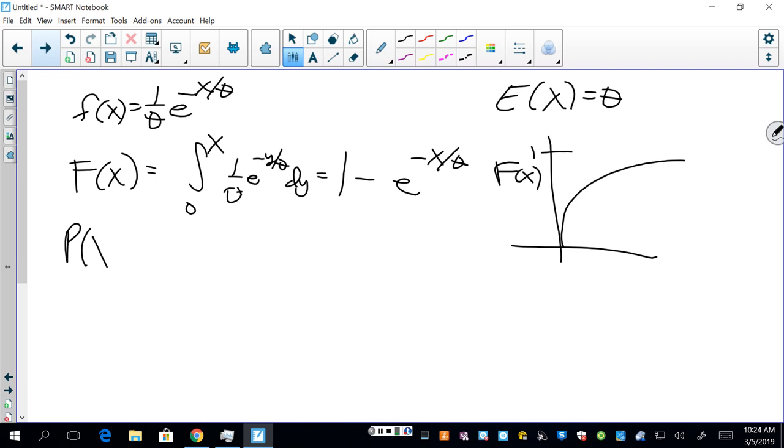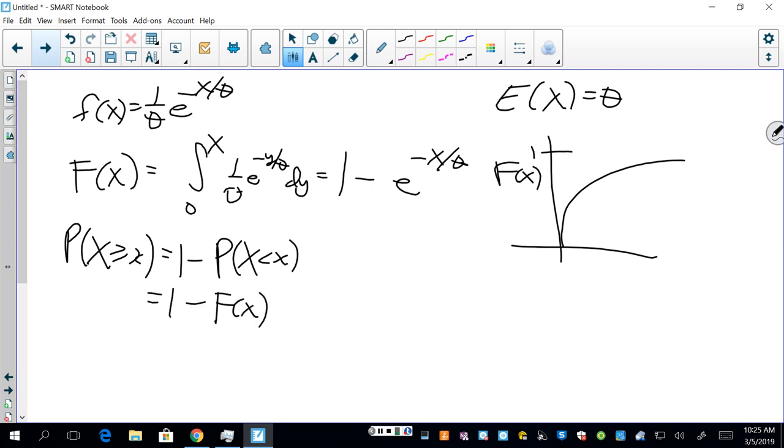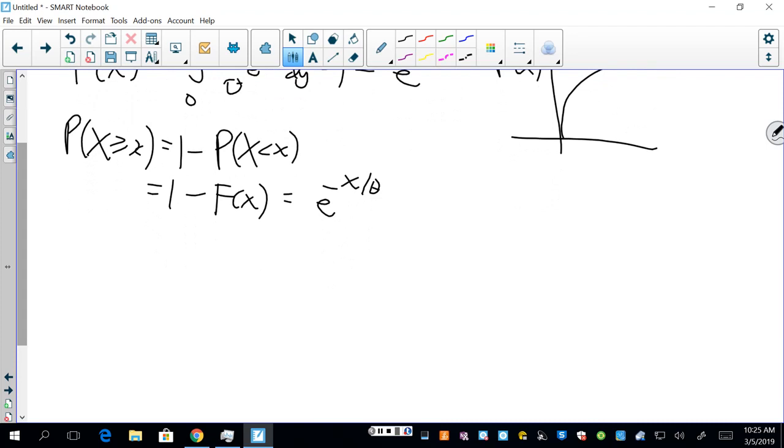The probability that x is greater than or equal to some point is 1 minus the probability that it's less than that. So it's 1 minus the CDF, sorry. And so that's just e to the negative x over theta. If you go through integration by parts twice, you can get that, doing it once, the expectation is just theta.